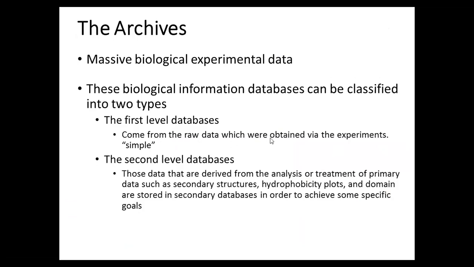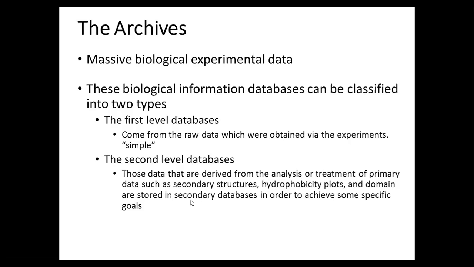They are taken from the experiments directly and uploaded by the biologists. They are simple and primary. And the second level databases, the derived and analyzed data from this primary data, are called the second level data.